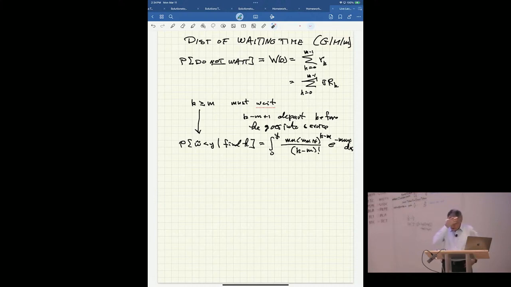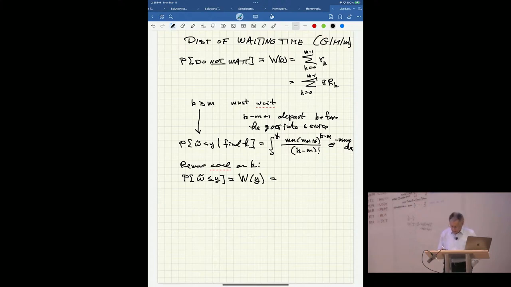Now I got to remove a condition on k, right? So let's say that. And I'll get the distribution unconditional, which is what I'm asking for. Probability waiting time less than or equal to y, which we know is our capital W of y. That's the name of our distribution.